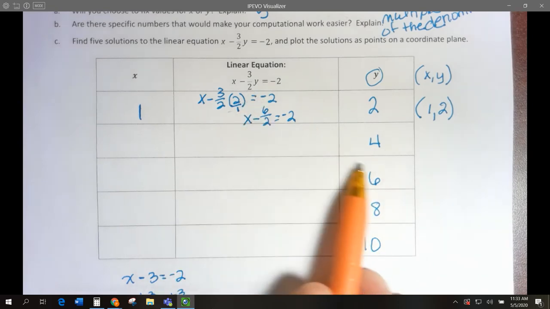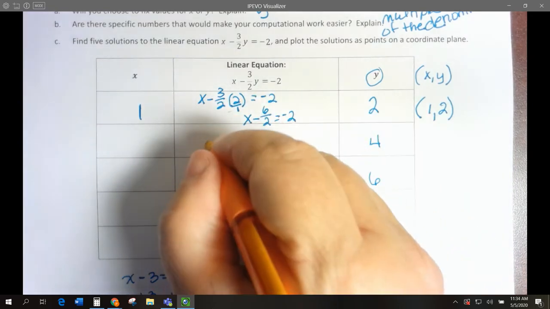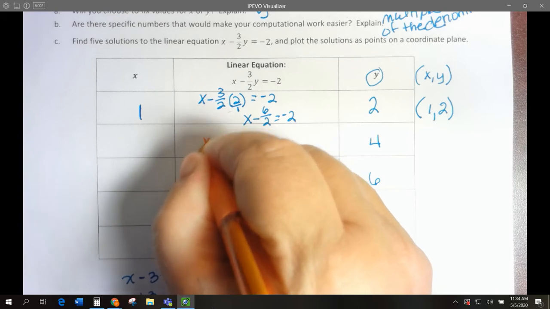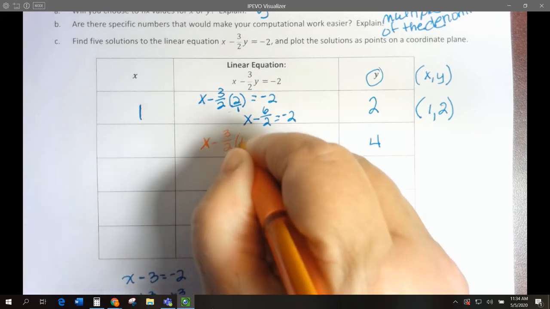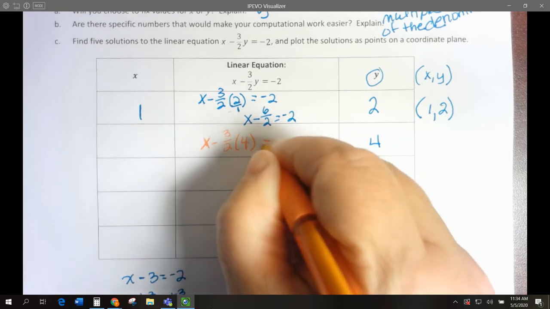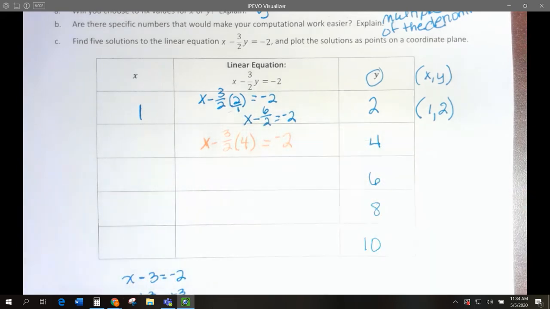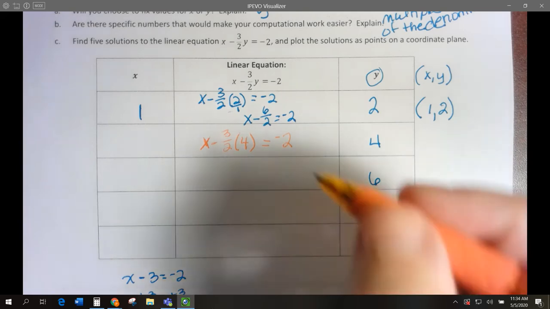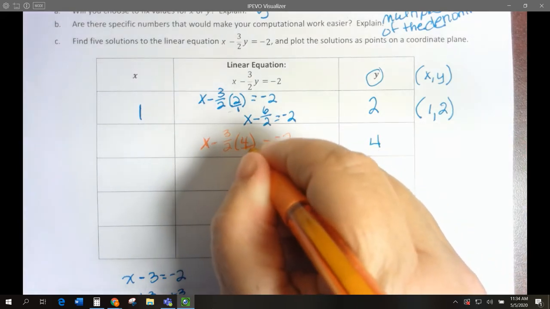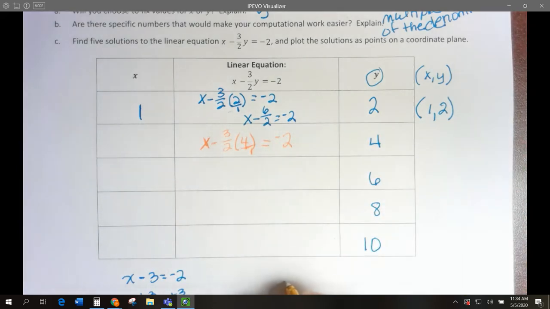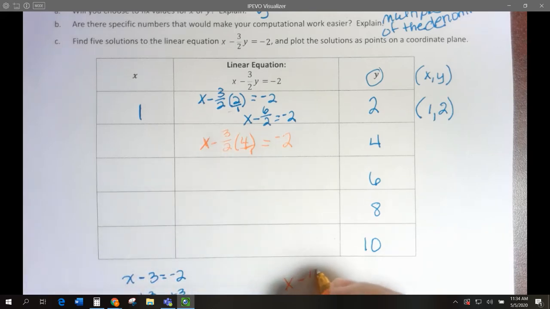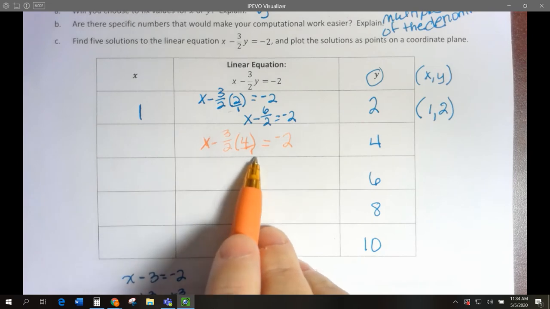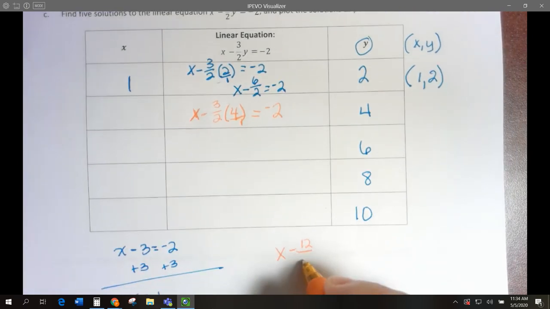When we choose y to be 4, we're going to have x minus 3/2 times 4 equals negative 2. Now we can make this 4 to be 4 over 1, right? So x minus 3 times 4 is 12, 2 times 1 is 2, equals negative 2.